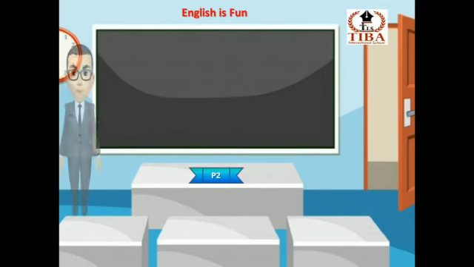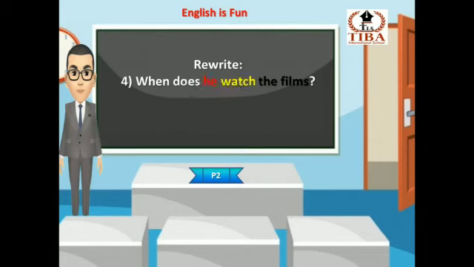Number 4. When does he watch the films? Now this is a WH question, which starts with the question word when. So we start with the question word when, then we use the verb be, which is are, because the object here after it is the films, which is a plural noun.